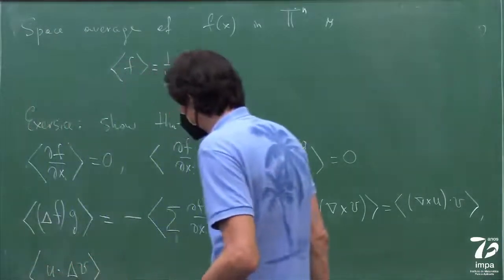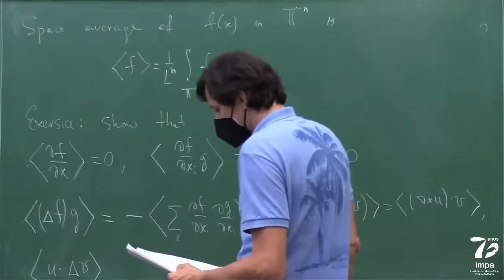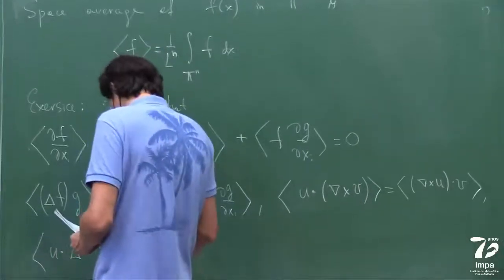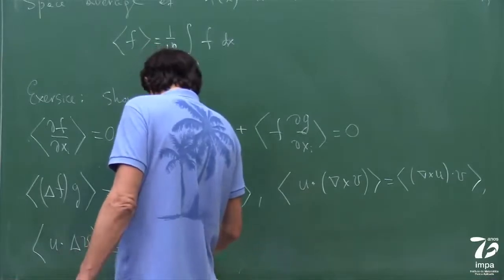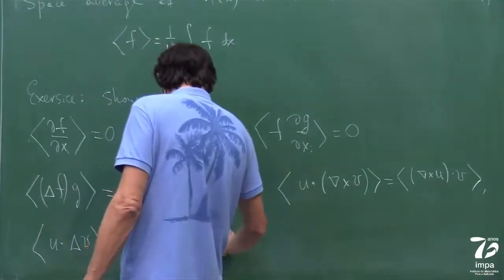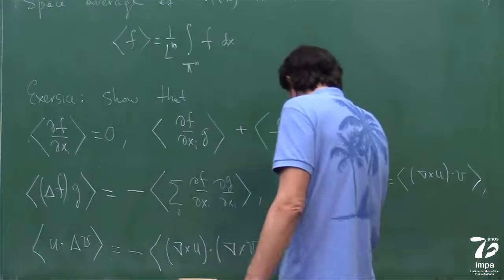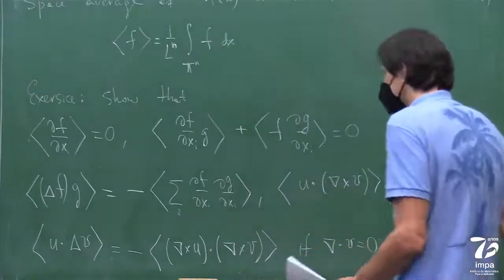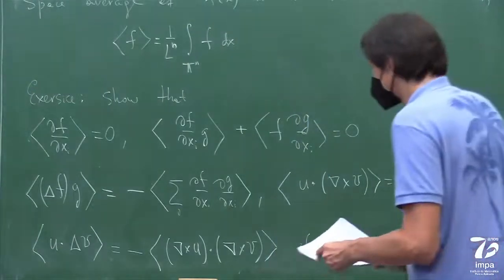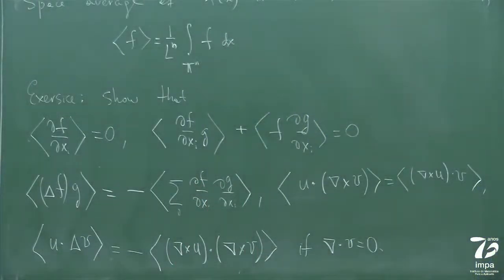The scalar product of any field with the Laplacian of the other you can equate with the average of the scalar product between two curls, and this is true if the second field is incompressible. You can try to derive this, or derive your own conditions for the periodic box and incompressibility.